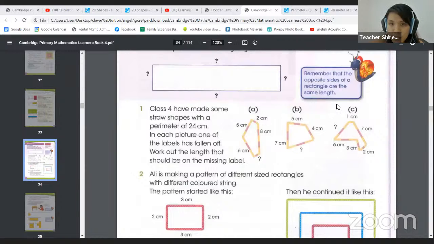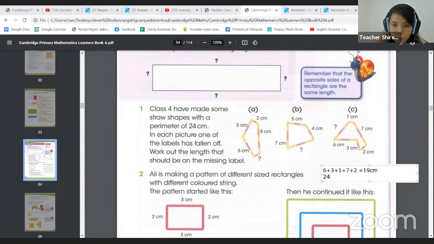Okay, question number C. What you need to do is add all together: you take 6 plus 3 plus 1, you know it's 10, plus 7 plus 2, you know it's 10 plus 9 is 19 cm.